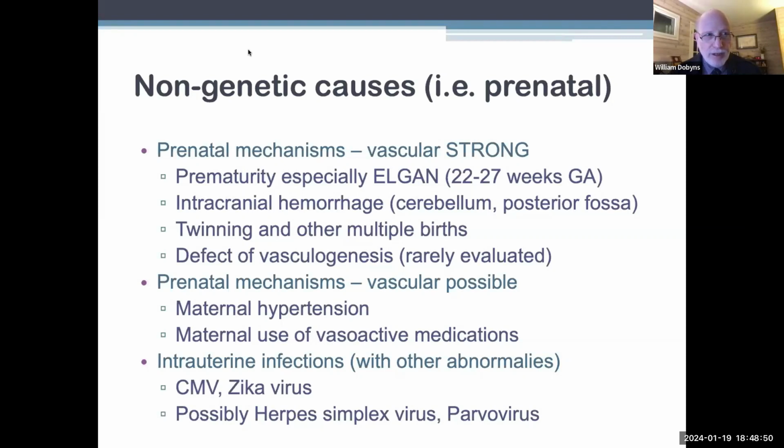Second is intracranial hemorrhage. You've already heard about that. Third, twinning and other multiple births. And fourth would be defects of vasculogenesis, development of the intracranial vasculature. You've probably not heard much of that, and there is not that much data because appropriate MRAs are too often not performed. There are some potential prenatal mechanisms, maternal high blood pressure and certain medications, and then viruses. And you've heard about some of these viruses before.